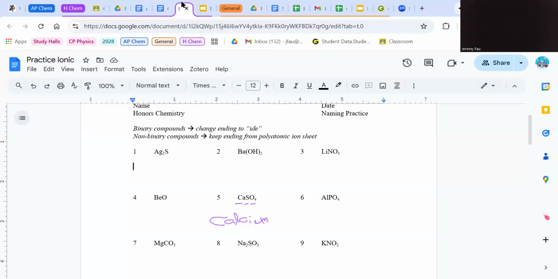So we're just going to write calcium, and then we're just going to write the word sulfate. No ending is being changed. It just is exactly what it is.